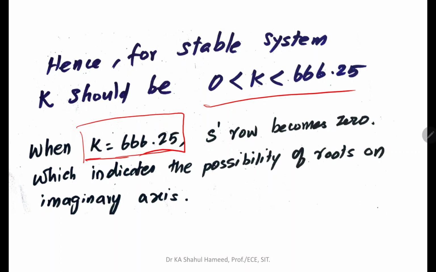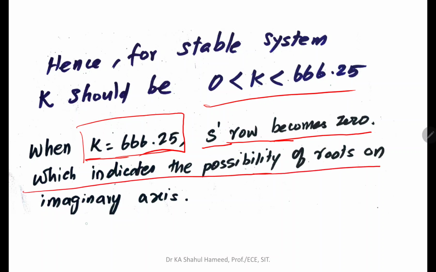If it is less than 666.25, there will not be any problem. If it is exactly equal to 666.25, then the s power 1 row becomes 0, which indicates the possibility of roots on the imaginary axis. Hence we have to solve for this, and find the roots on the imaginary axis.